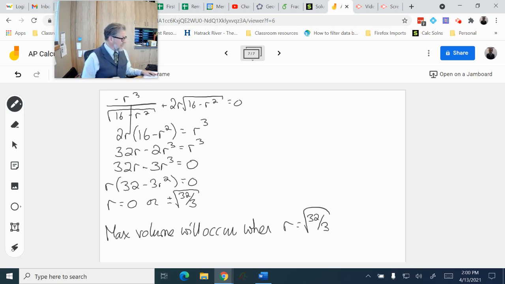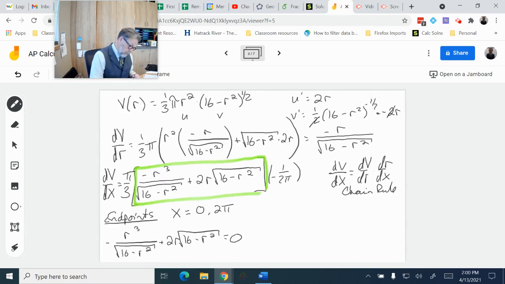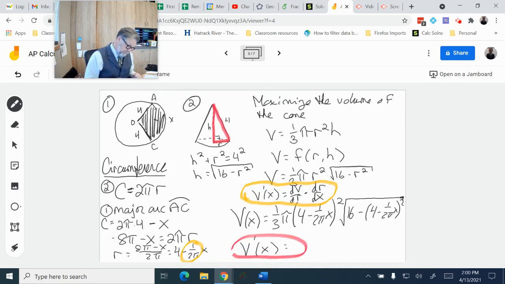So that's not really what I was asked. I was asked what length x, but going back and looking at my equations, I had an equation relating radius and arc length right here, down in the bottom of my screen.